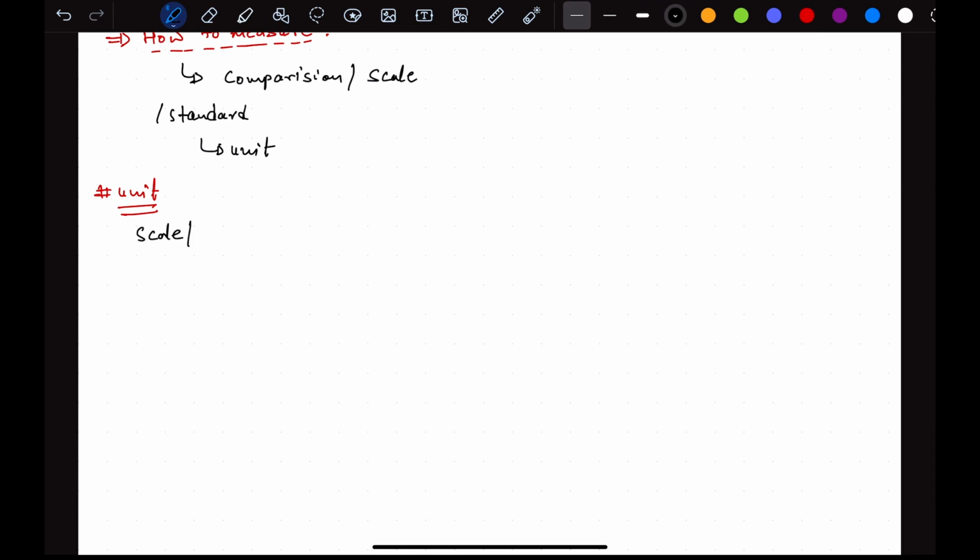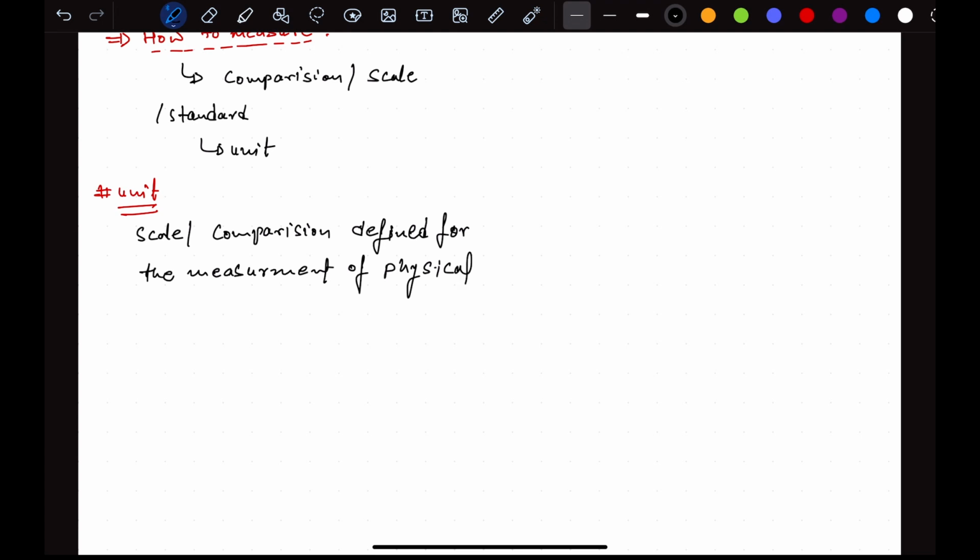Unit is the scale or the comparison defined for the measurement of a physical quantity.